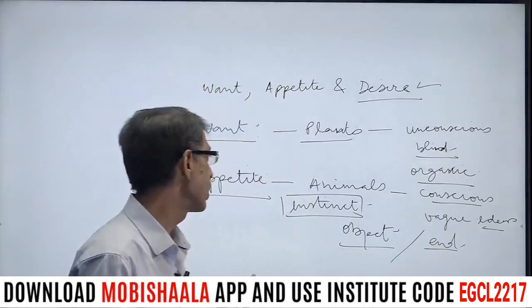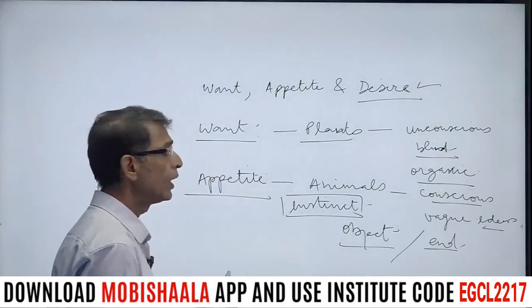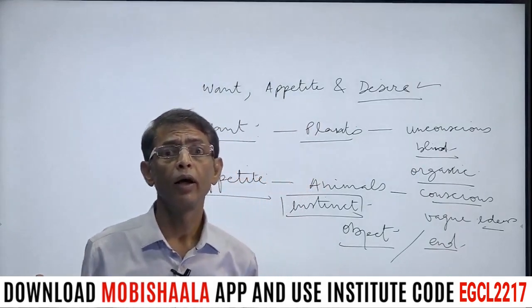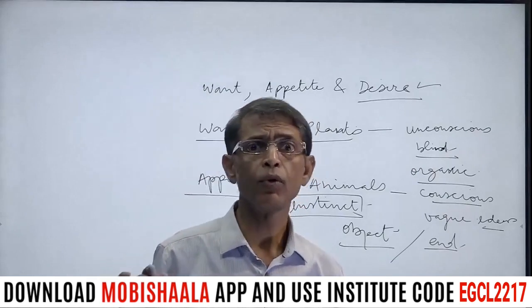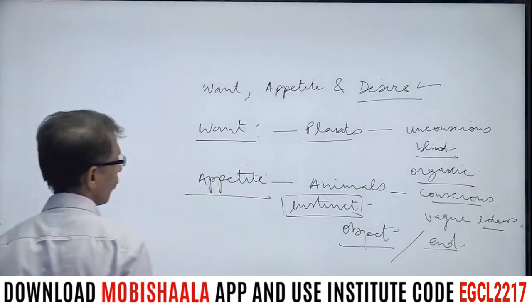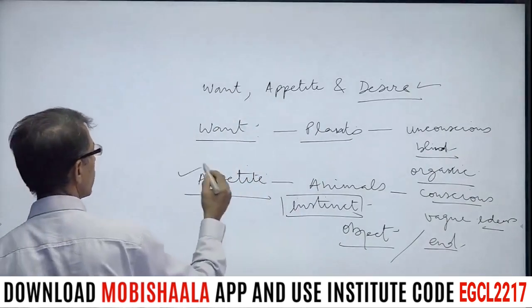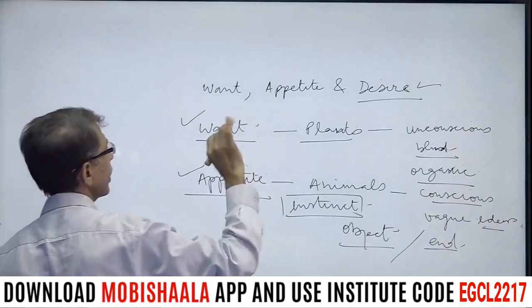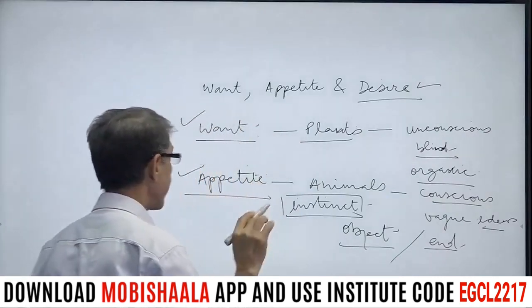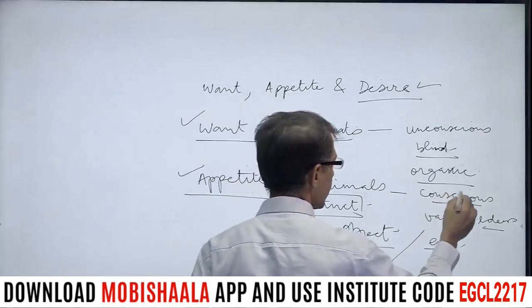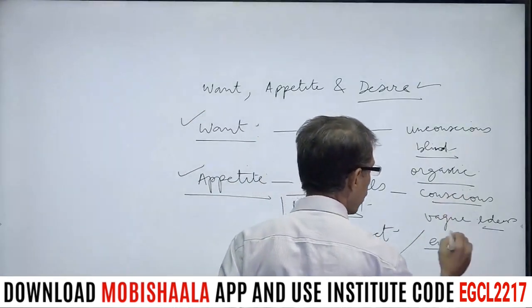And they attain it successfully, most of them attain it successfully. So their action is instinctual. This is appetite. Want in a plant is blind, but in animals it's not blind. It's a vague idea, and they are conscious beings, so we cannot say it's blind.